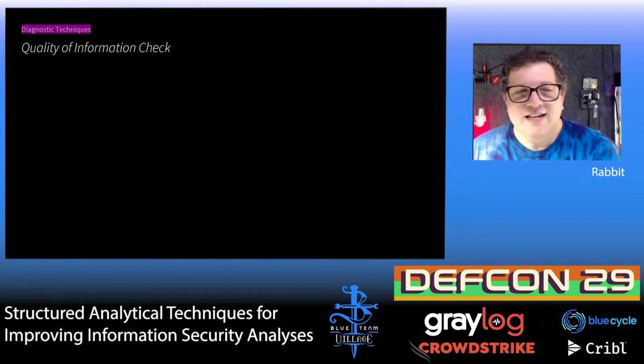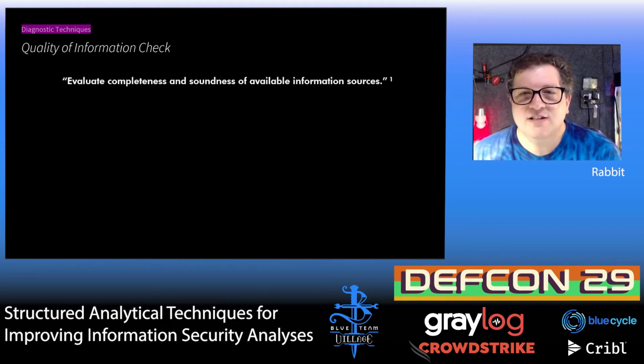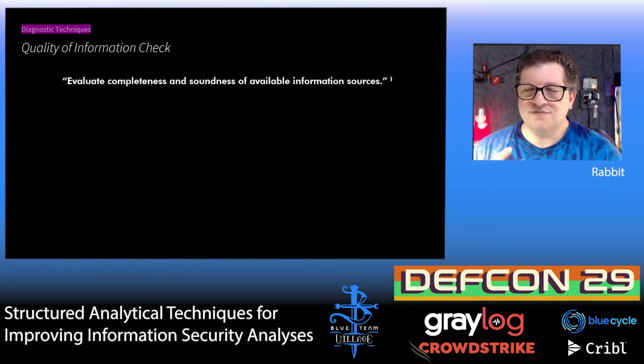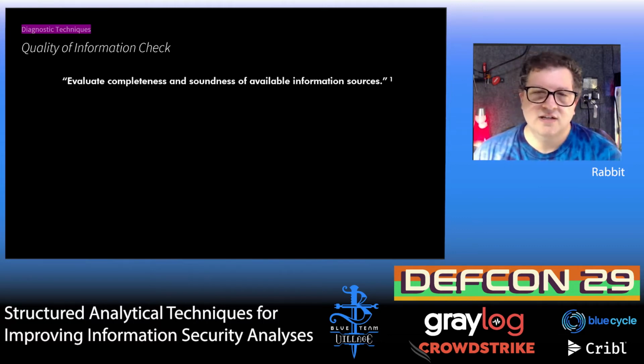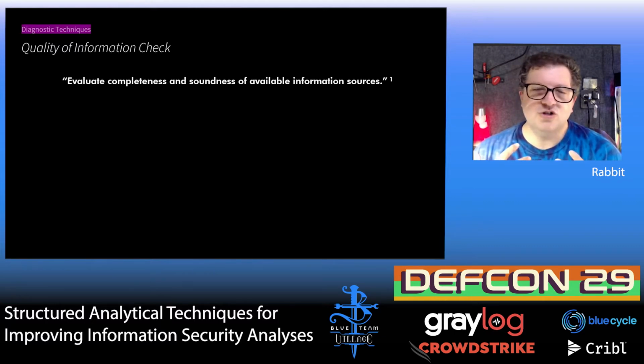So another technique is quality of information check. That is basically where you go through all of your information and judge it for its strength, its weaknesses, its importance, and its confidence. It's something you can use throughout the analytical process, and you should be performing it periodically.